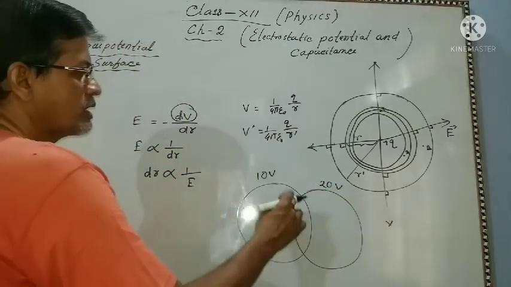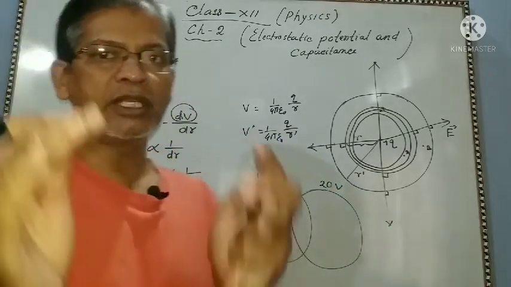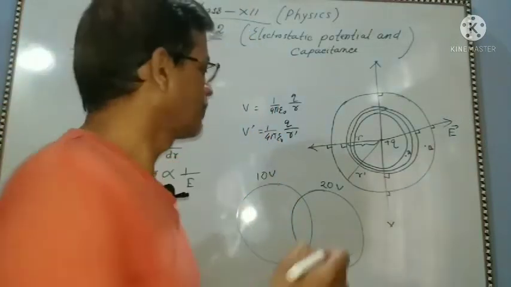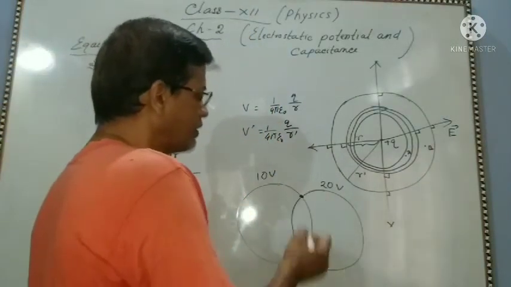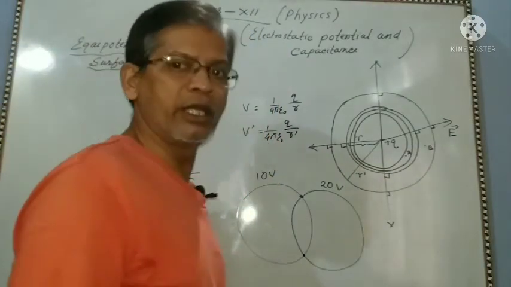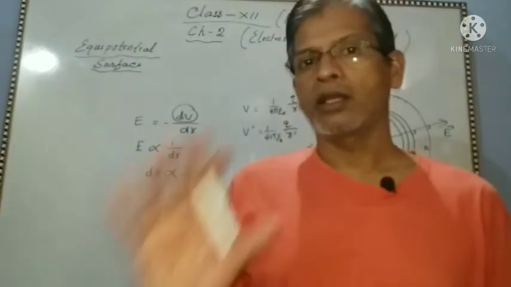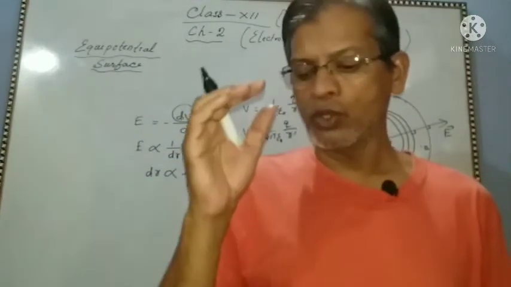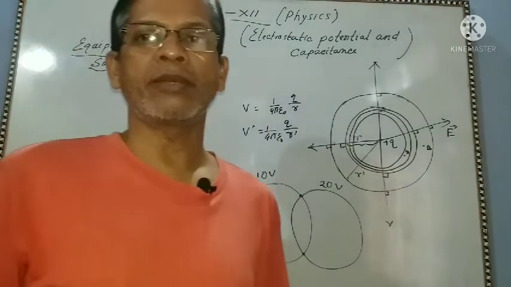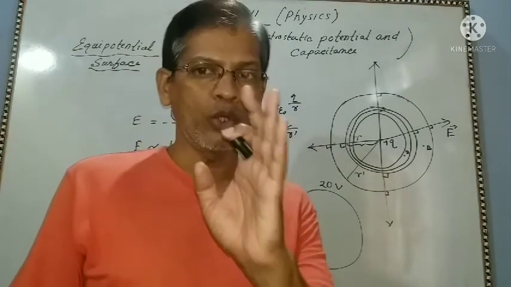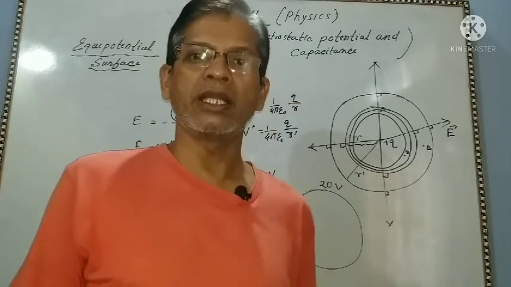If these two intersect, then what will be the potential at this point? The potential at this point cannot be calculated, and so no two equipotential surfaces intersect.